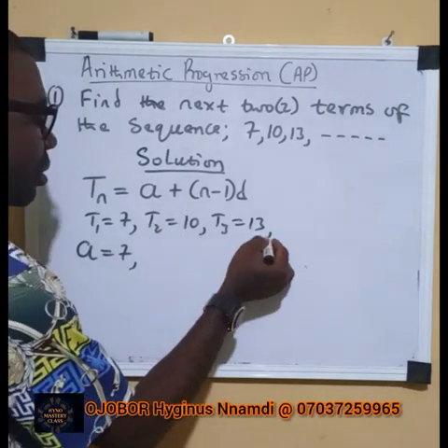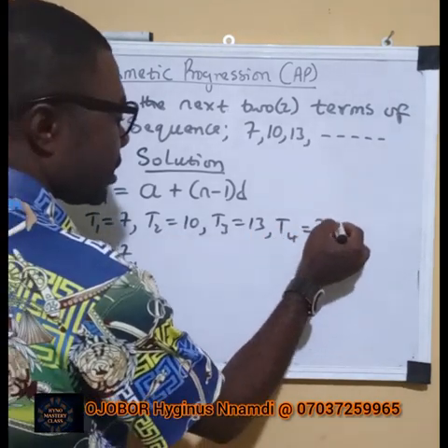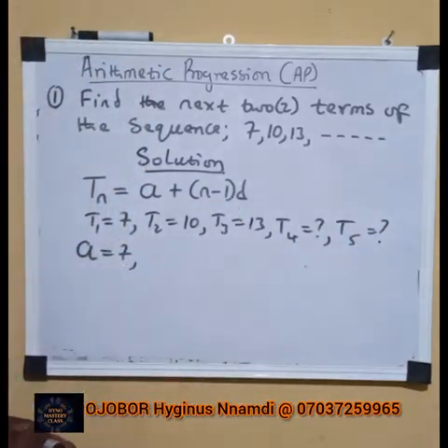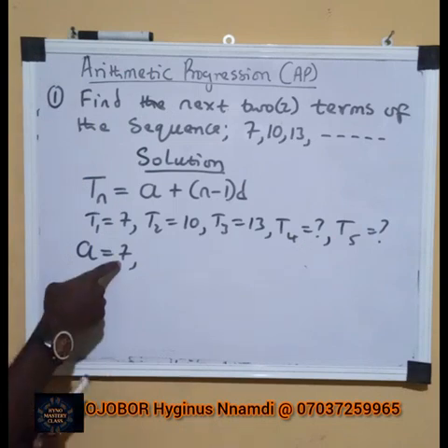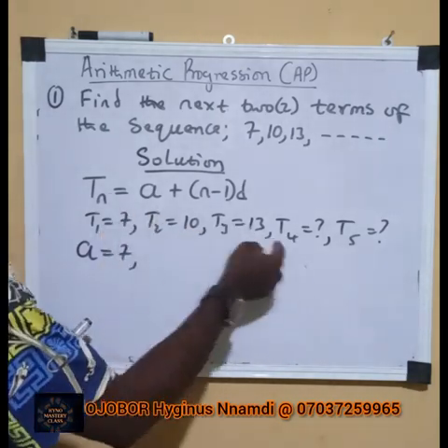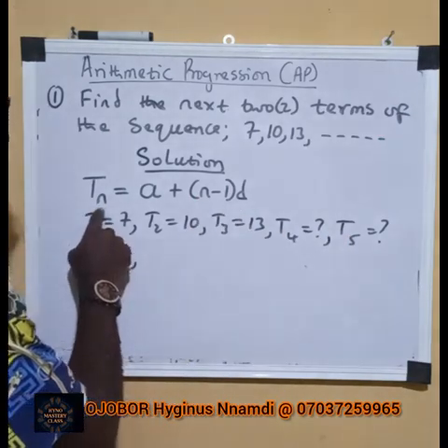The next 2 terms we need are T4 and T5. So the first term is 7, and for the fourth term, n is 4. For the fifth term, n is 5, just like we have Tn here.